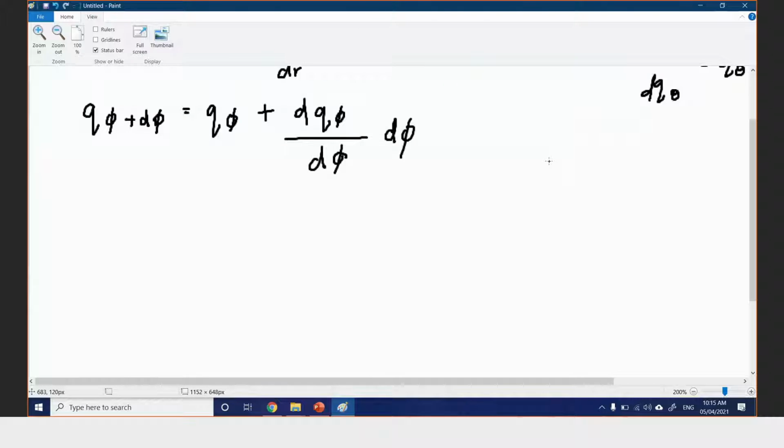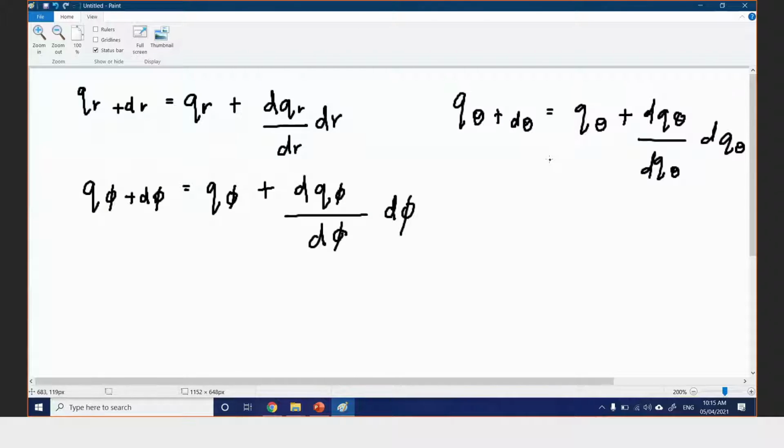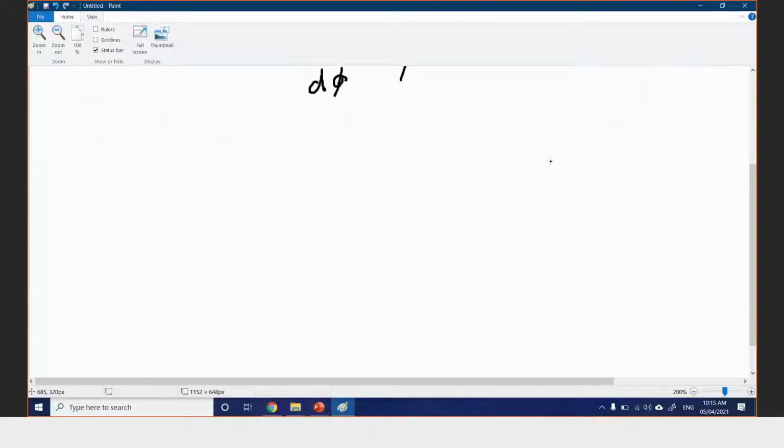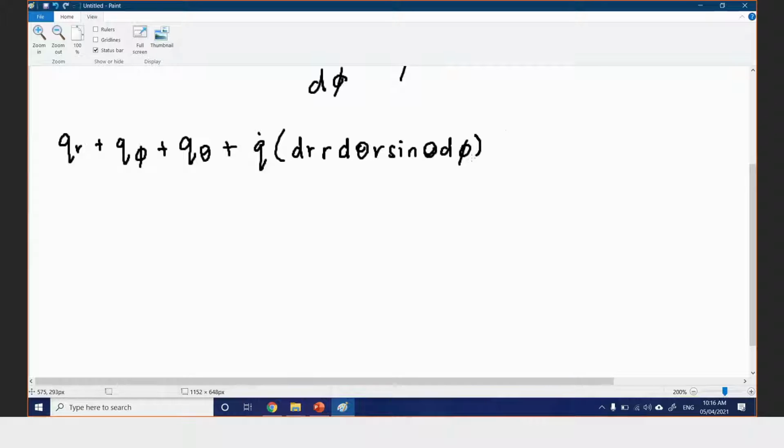So we actually have everything already for the heat balance. We substitute it into the total heat balance equation, which is the rate of heat in, Q_r plus Q_phi plus Q_theta, plus the heat generated, which is Q times the volume dr, r d_theta, r sine theta d_phi, equals the rate of heat out.